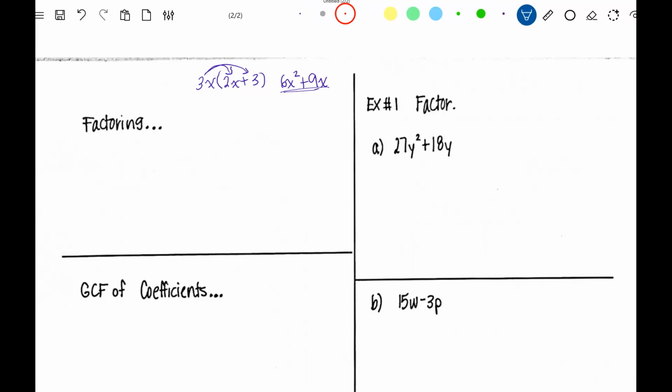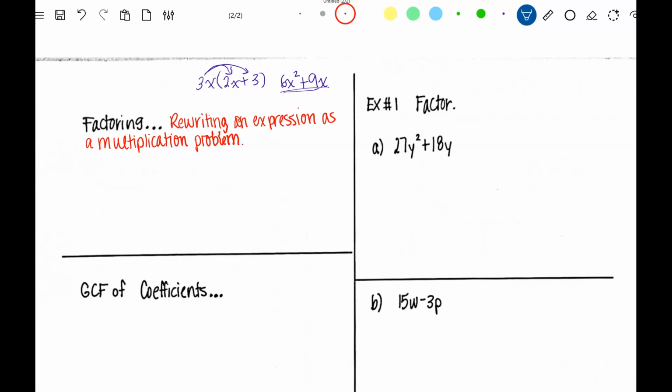That's the definition of factoring: rewriting an expression as a multiplication problem. Because in a multiplication problem, the things that multiply are called factors, and the answer is called the product.